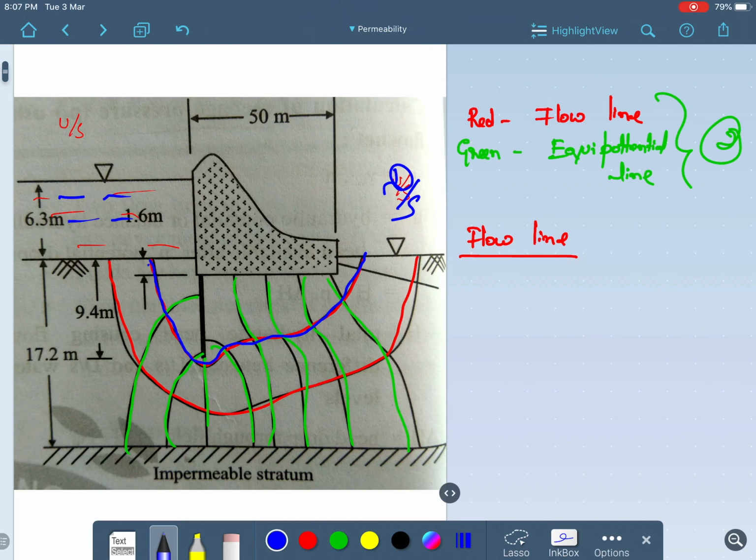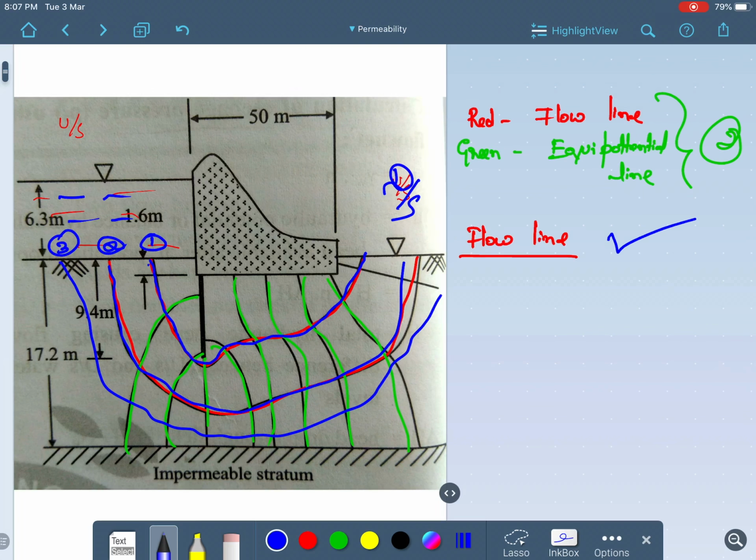This is one path and this is the second path. There may be some more paths, 3, 4, 5, 6, depending upon the boundary condition. The path traced by an individual water particle is called a flow line. Then what is an equipotential line?